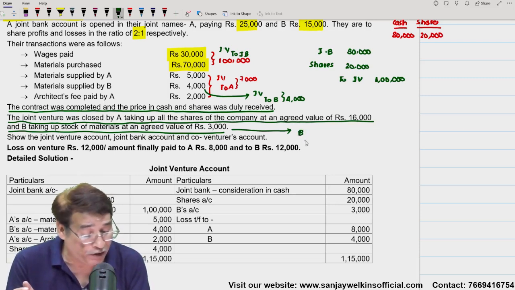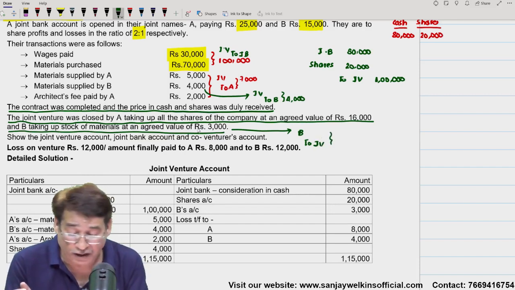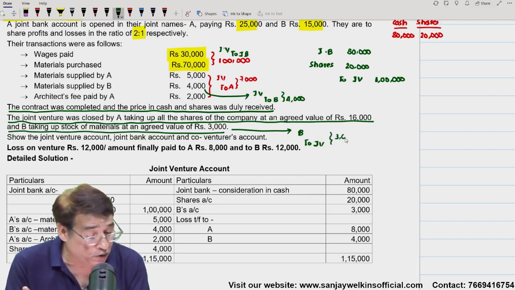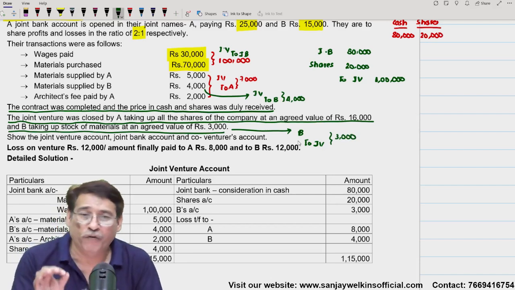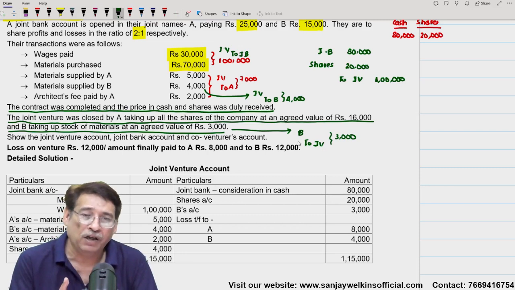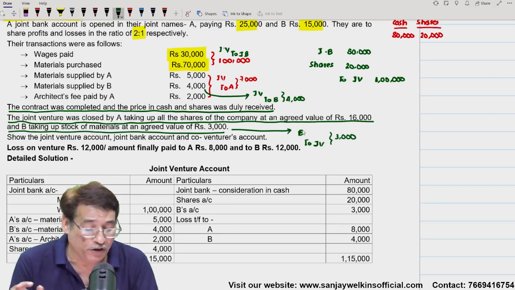For example, B will be debited and to joint venture. So B has taken over remaining stock, so your entry will be 3,000. If any co-venturer takes over leftover material or any asset, then you are going to debit the co-venturer account.